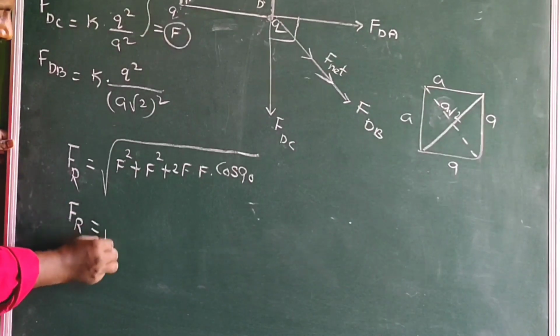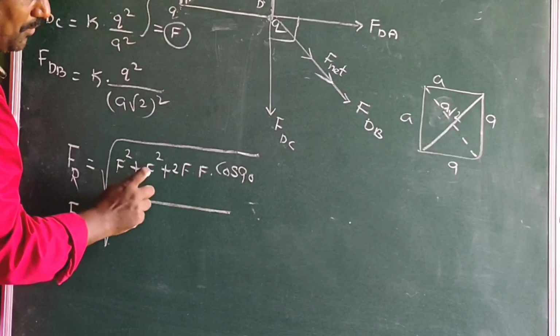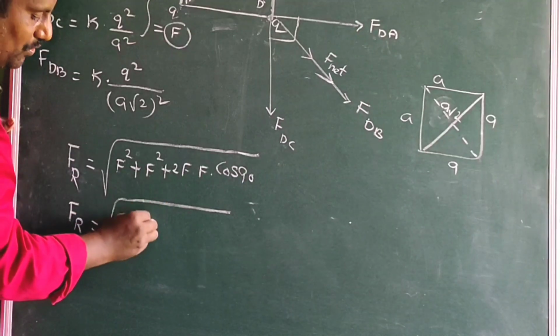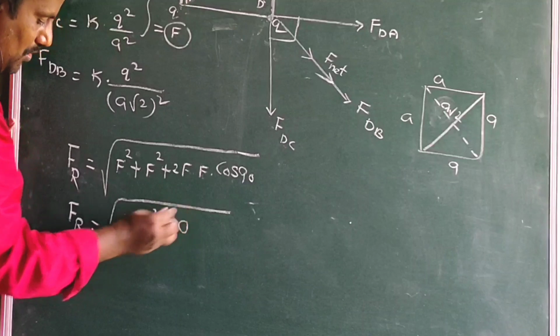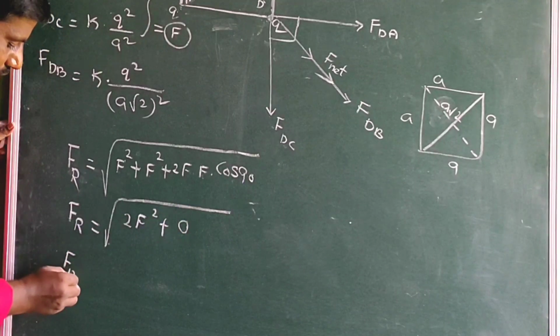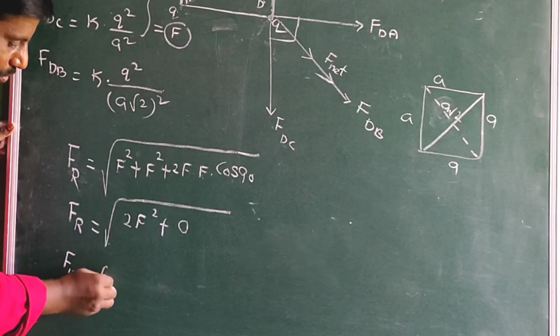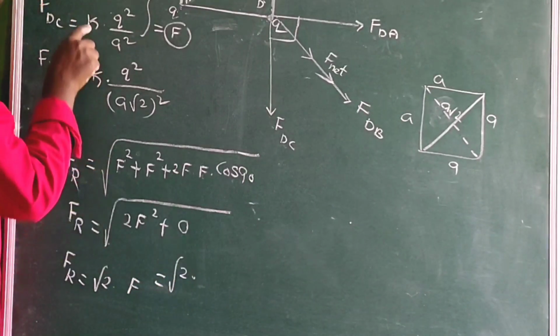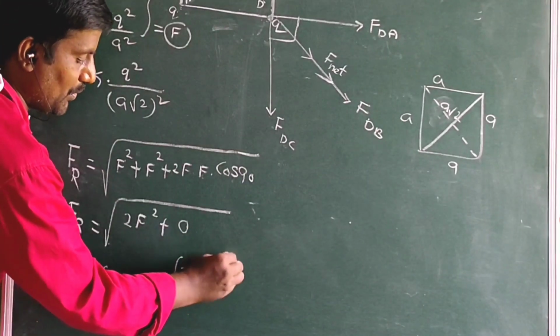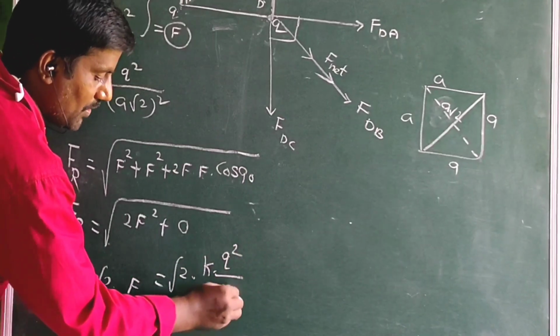Therefore FR is the square root of F square plus F square, that is 2F square, since the cos 90 term is 0. So FR is equal to root 2 into F, and the value is K Q square by A square.